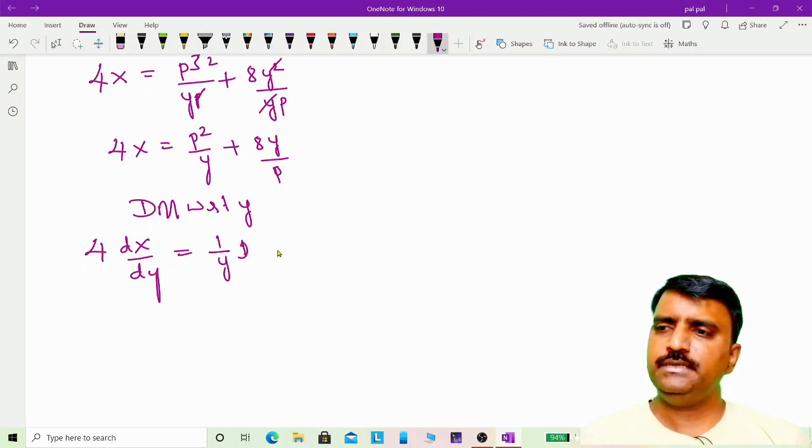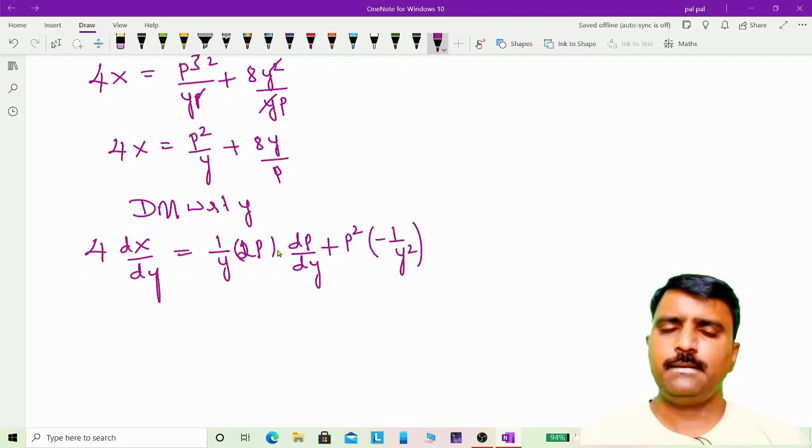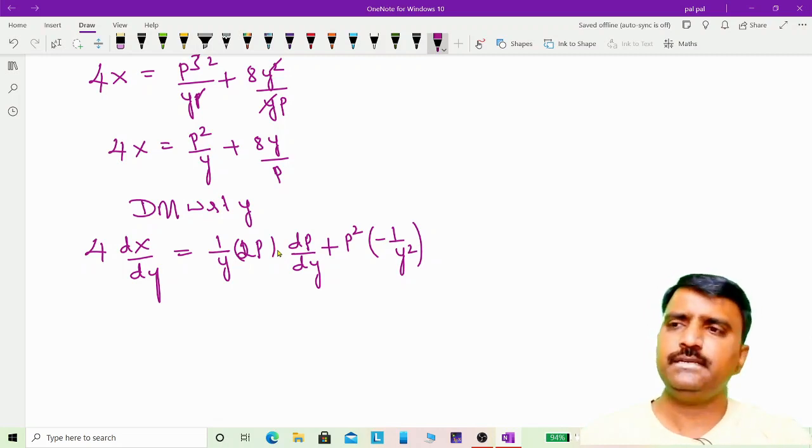Differentiation of p square is 2p into differentiation of p with respect to y, which is dp by dy. I am using the product rule to differentiate this, plus p square you keep as it is, differentiation of 1 by y with respect to y is minus 1 by y square.